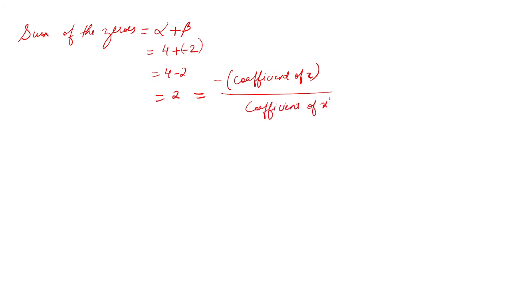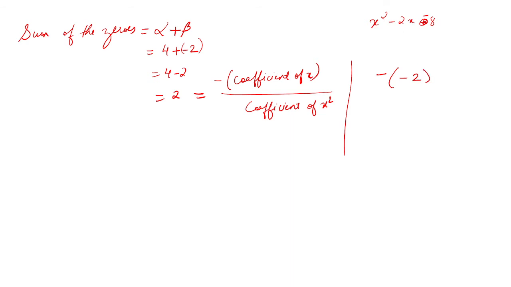Now let's go back to the original equation, which is given as x squared minus 2x minus 8. Yes, this is the equation that is given to us. You have to verify this. What is the coefficient of x? The coefficient of x is minus 2.